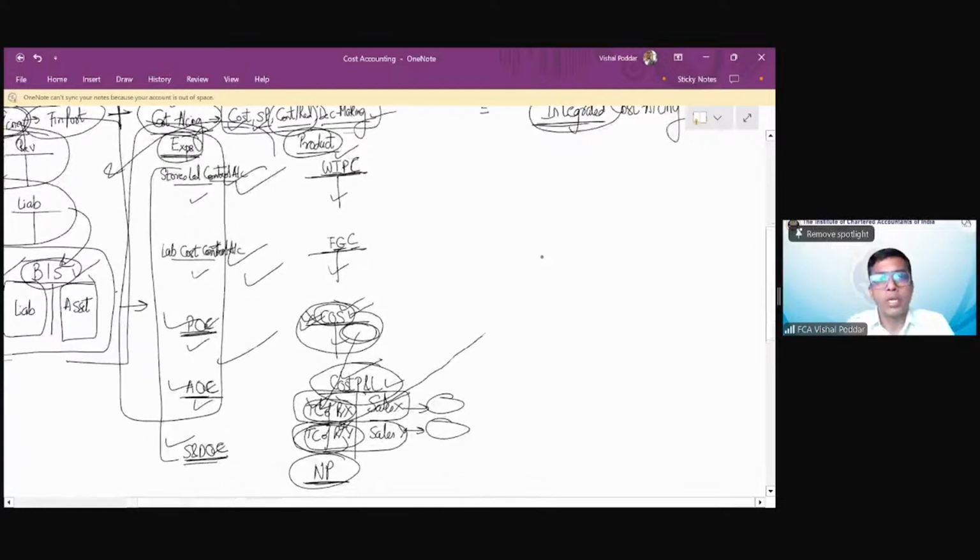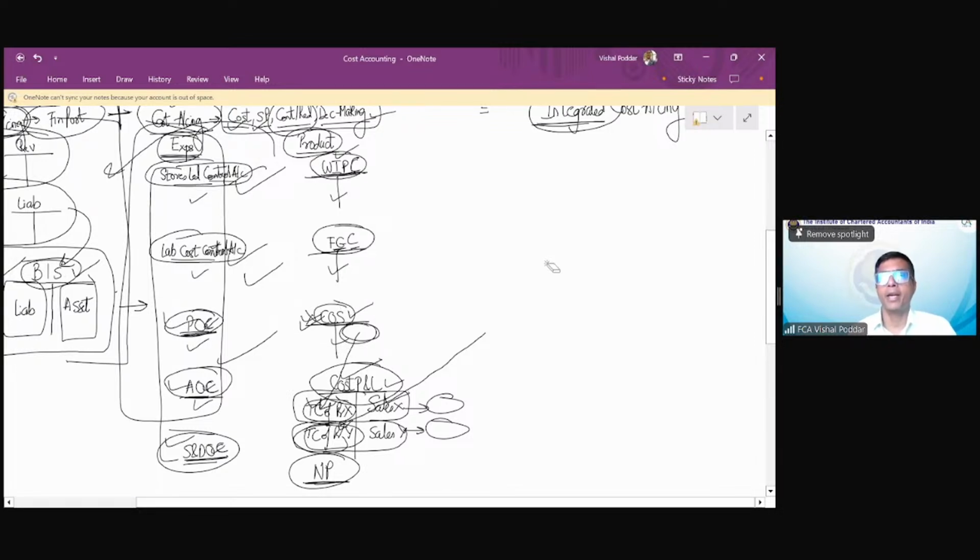So now we come to the technical terminologies used in cost accounting. For material, you have the stores ledger control account. For labor, you have the labor cost control account. For overheads, you have the production overheads control, administration overheads control, selling and distribution overheads control. Then for products, you have first the WIP control, the finished goods control, and this is COS.